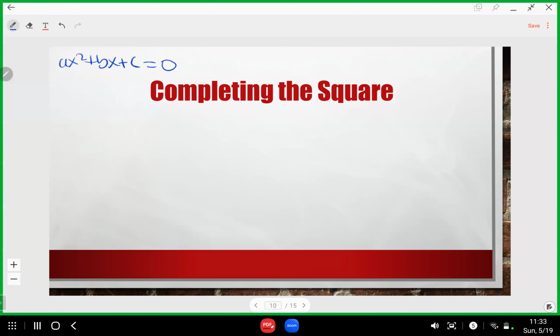All right, so you can't complete the square with an a that is greater than 1, right? So you have 2x squared plus, let's say 8x. Okay, you can't complete it with a here, so you have to divide everything by a. So let's just divide everything by a: x squared plus 4x.